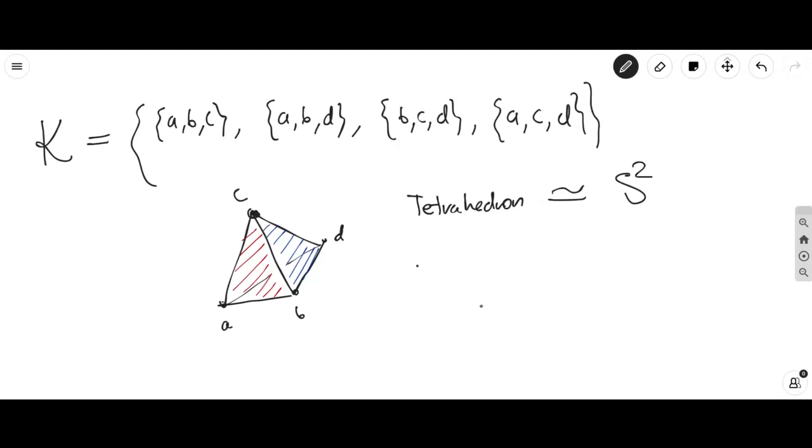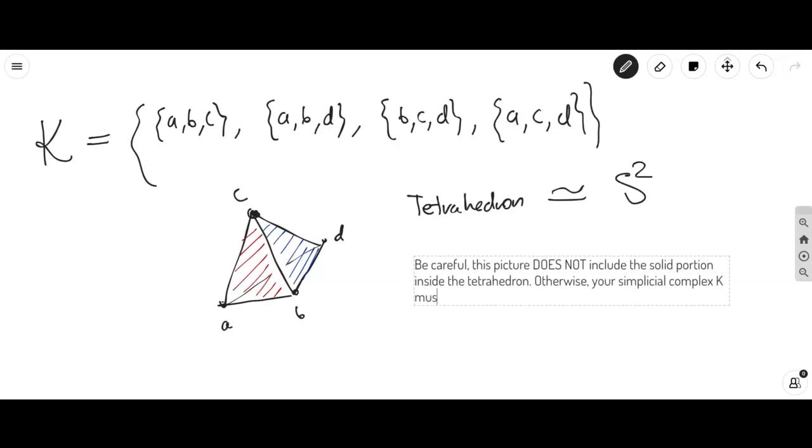And let me also add this, and be careful, this picture does not include the solid portion inside the tetrahedron. Otherwise, your simplicial complex must include the following set.